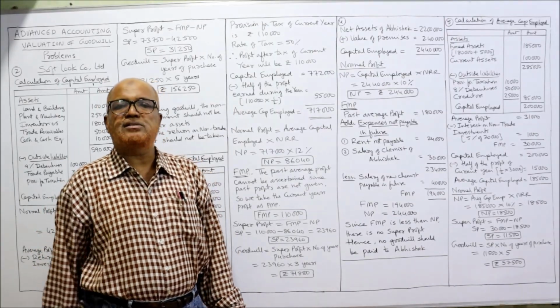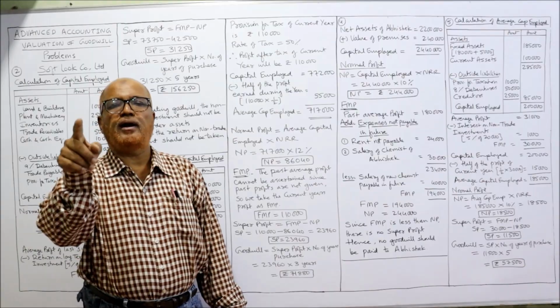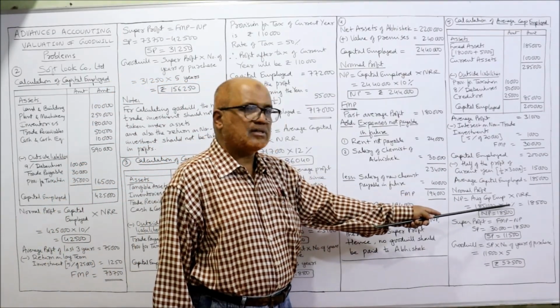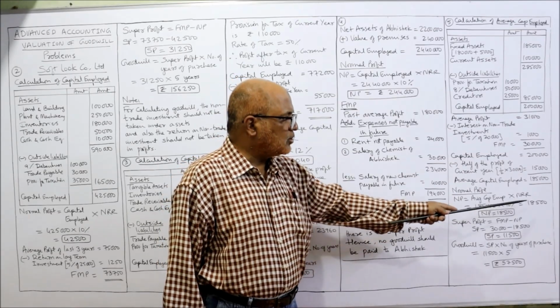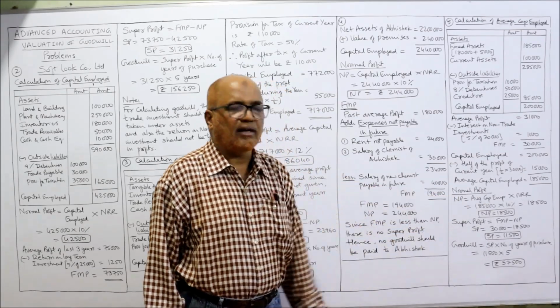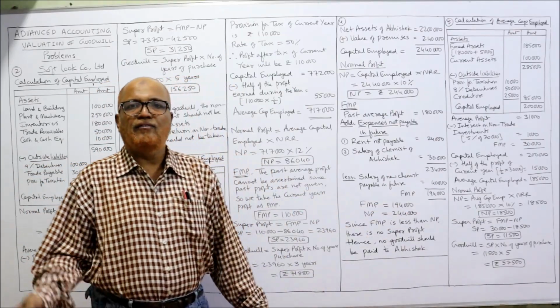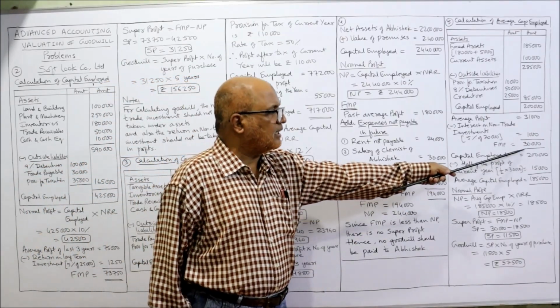Now, normal profit is equal to average capital employed into NRR. NRR is given in the problem, 10%. So 1,85,000 into 10%, 18,500. So we got normal profit 18,500. Future maintainable profit 30,000.